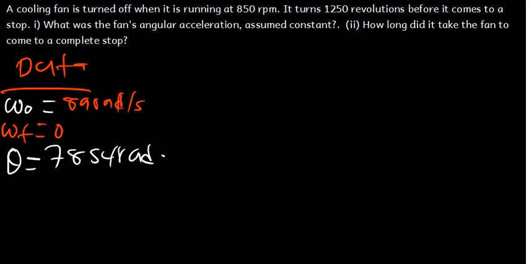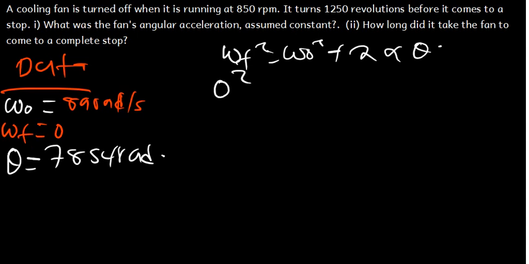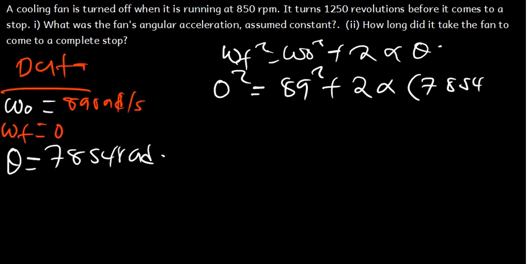Using this information, we want to find the angular acceleration. It was decelerating, meaning the acceleration is going to be negative. The only formula which doesn't have time is the angular final squared equal to the angular initial squared plus 2 alpha theta. The final is 0 squared, the initial is 89 rad per second, and we don't know alpha. The displacement is 7,854.